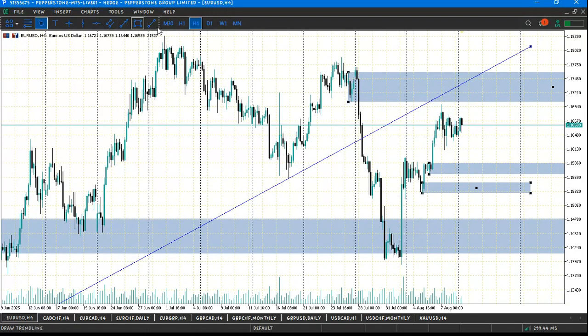The second is if we have this downward push to this area and we have this resistance and it fails to break, it will also be a signal that the trade is not functioning. Alternatively we could come to this area and instead of going to take profit two, we remain blocked in the zone. Or alternatively, we could have this scenario and we fail to break the area and continue with the uptrend.